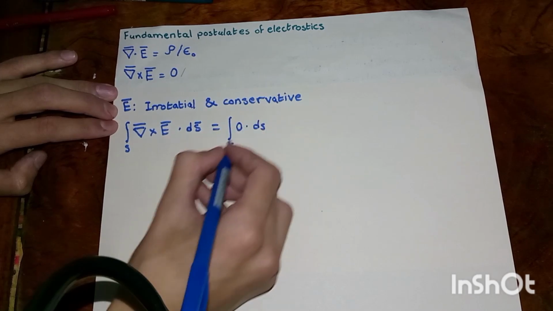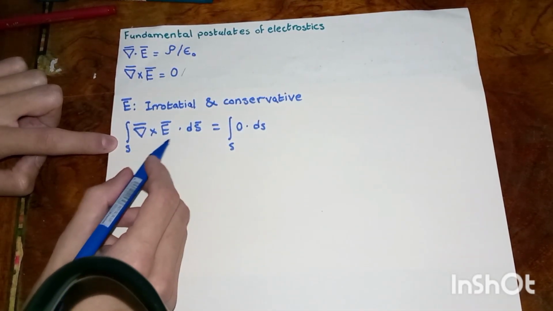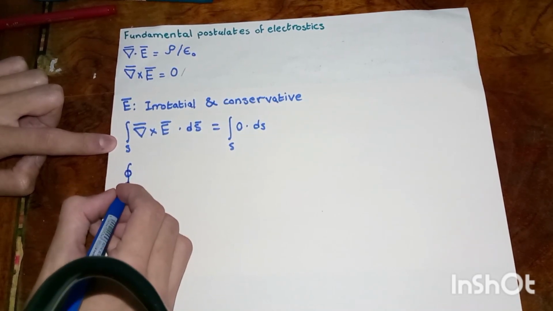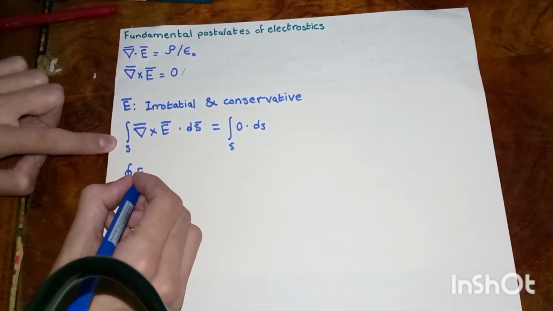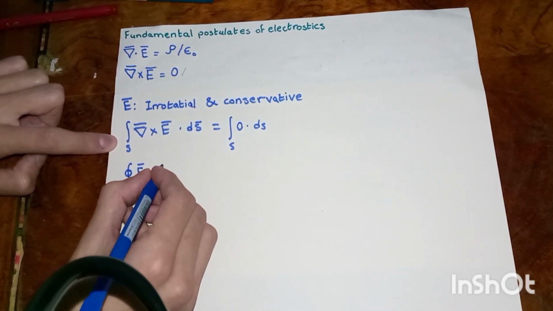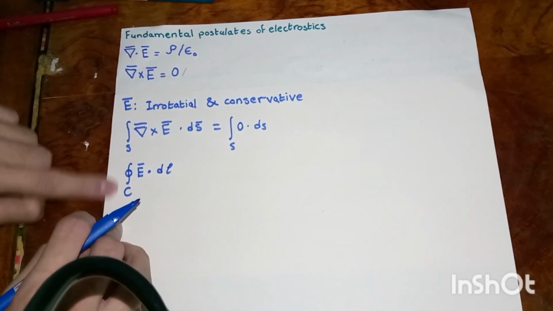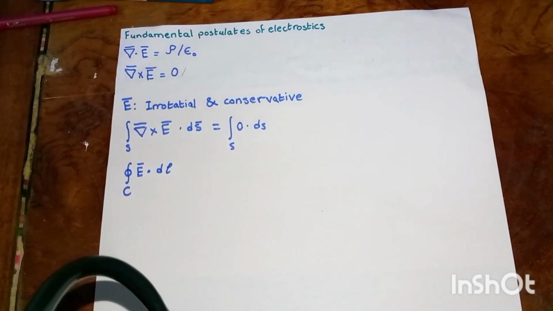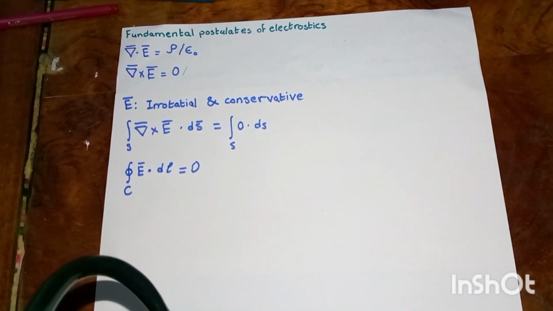Of course, this is going to be 0, and according to Stokes' theorem, this is equal to the integration of the E field around some closed path or some closed contour, and this equals 0, of course.